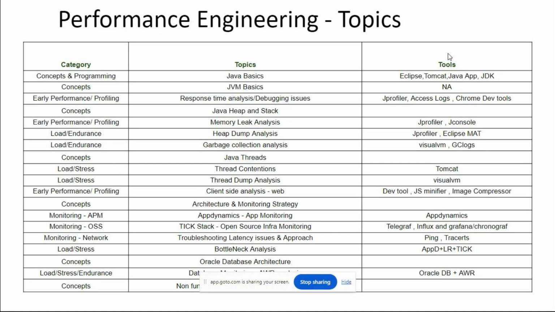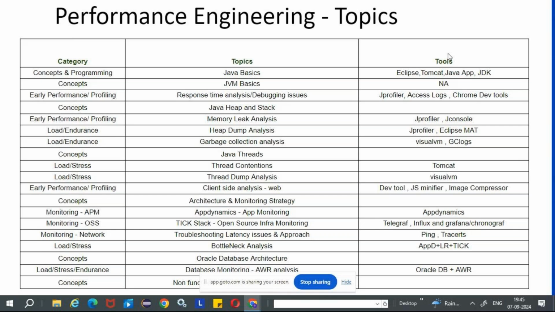Whatever code or application you develop is going to be executed by the Java virtual machine, which means the Java virtual machine is going to take care of your memory allocation, your threads, and your CPU consumption. Everything will be part of your JVM. And when we do profiling, analysis, heap dumps, thread dumps, all these things will be around this JVM. So it is important to learn these JVM basics as well. Okay, so let me go to this.